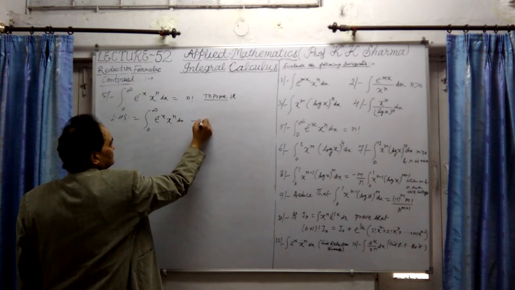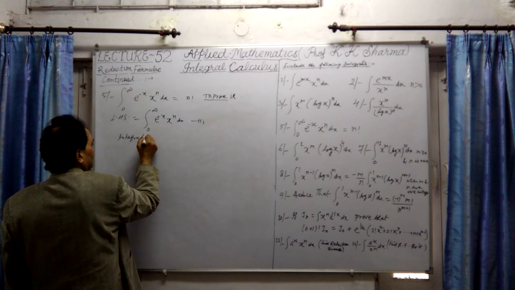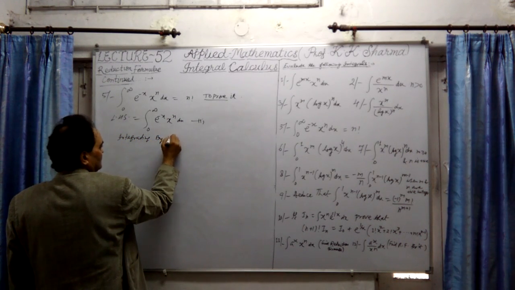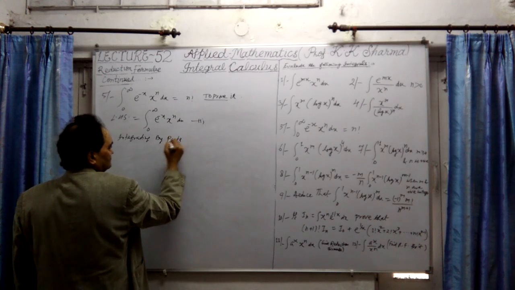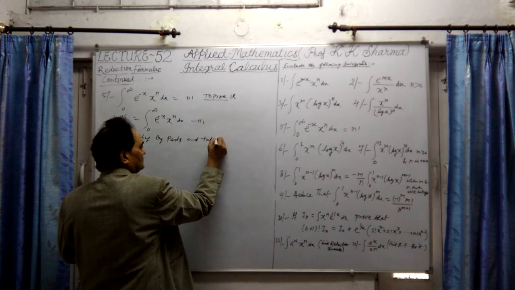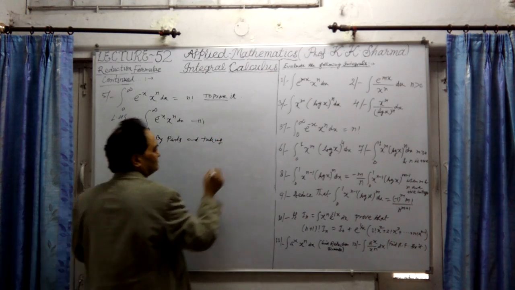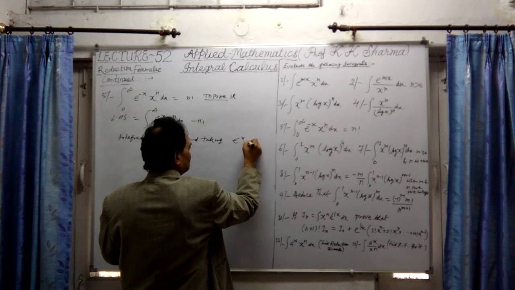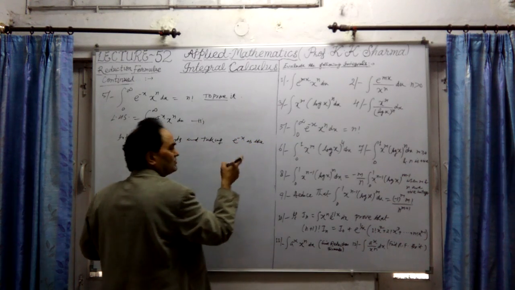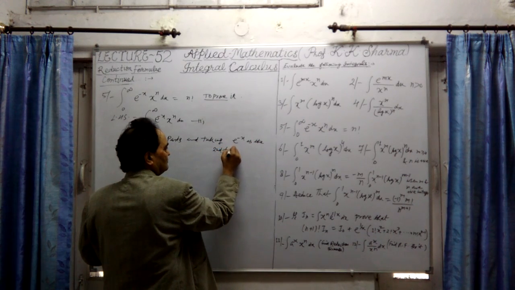Integrating by parts, taking e raised to the power minus x as the second function, we are applying the integration by parts formula.